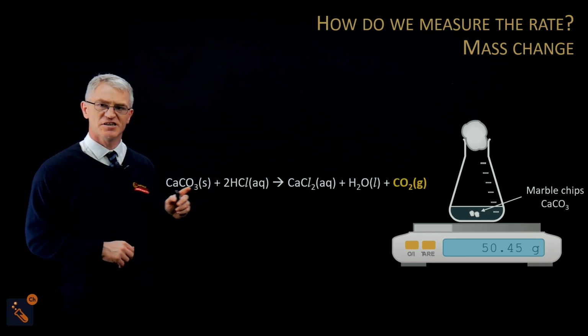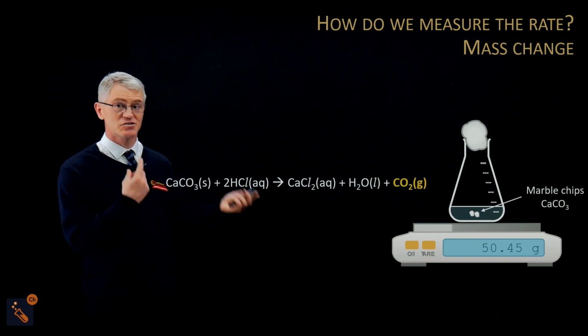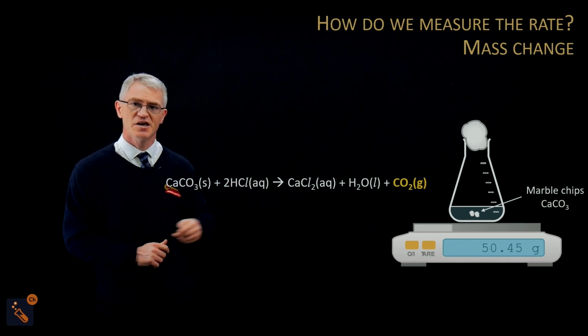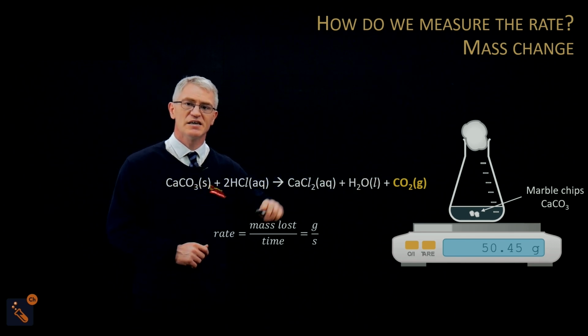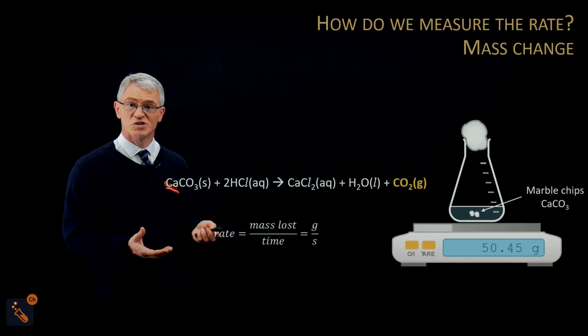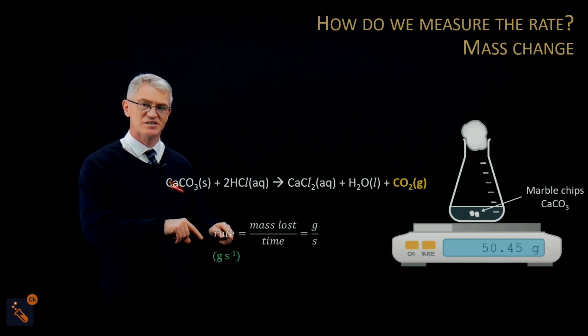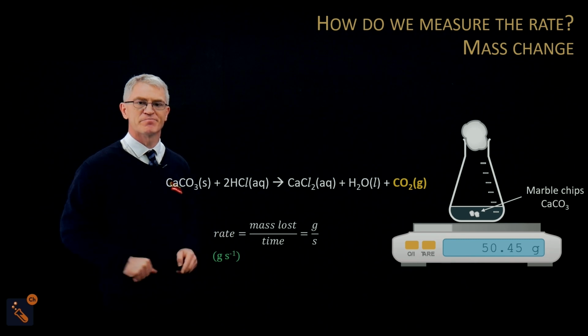It's for this reaction here, calcium carbonate plus hydrochloric acid. Again, you could stop the video and change this for nitric or sulfuric. This time we've got carbon dioxide, and we're doing it through mass lost, so that means grams per second.